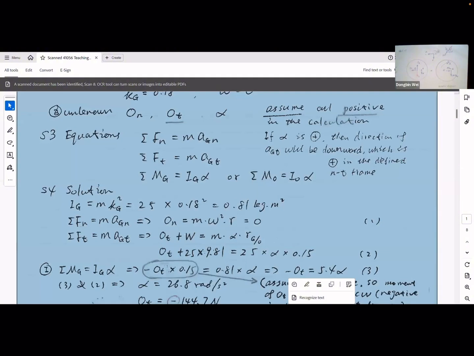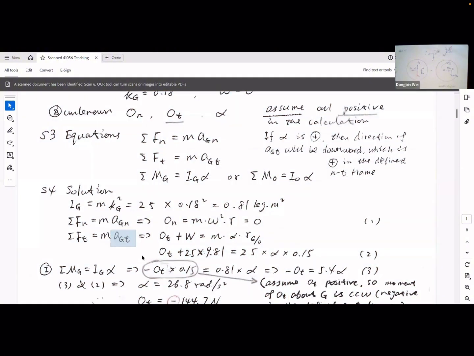On the right side, there is AGT, the tangential component of the acceleration at point G. For this one, AGT, we know the magnitude is alpha times RGO.